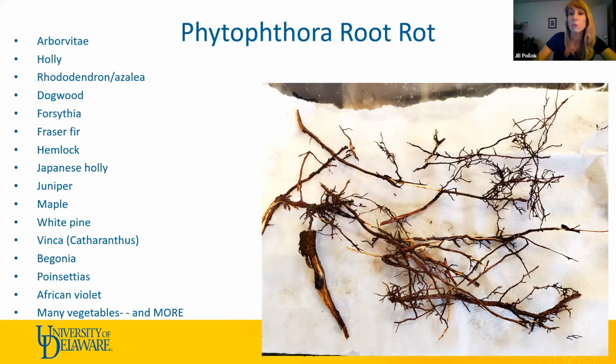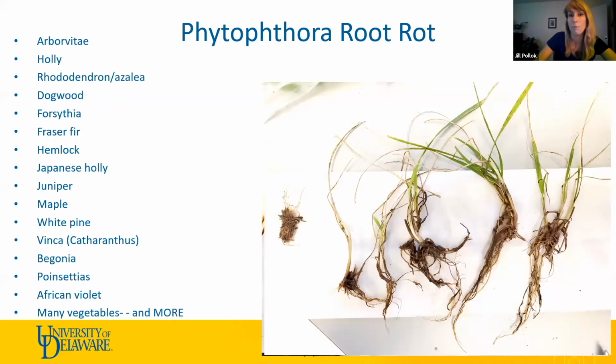So if you dig up your plant and you see roots that are dark, their cortex pulls off easily, or even the roots break off easily, that's an indication. Those are symptoms of a root pathogen. And this is just a picture of Rhizoctonia root rot, but it looks similar to Phytophthora.